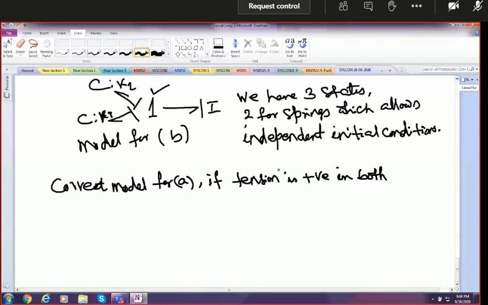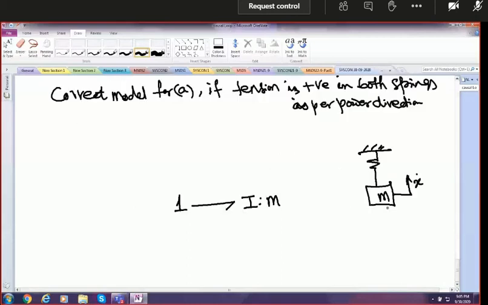Here is mass M, velocity x dot, top spring, bottom spring. Top one K1, bottom one K2. So if we have this, perfectly fine, x dot.